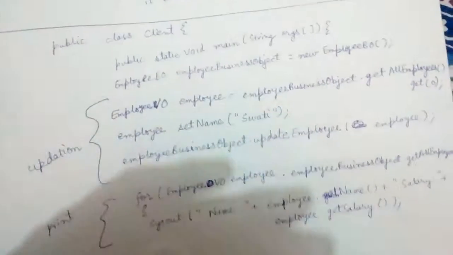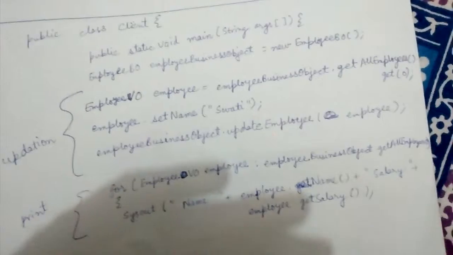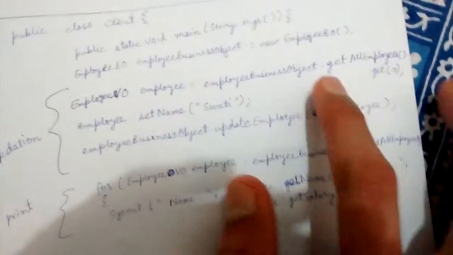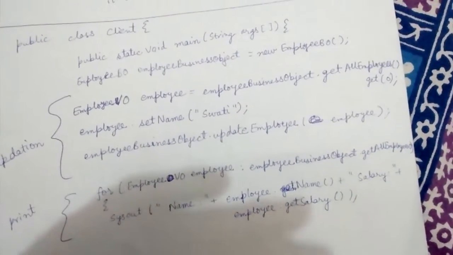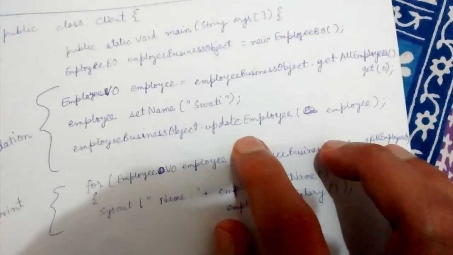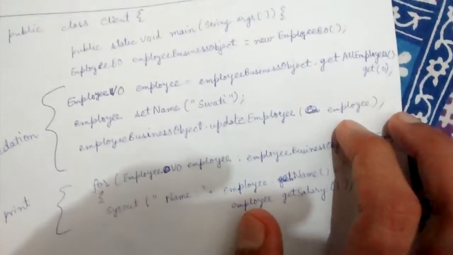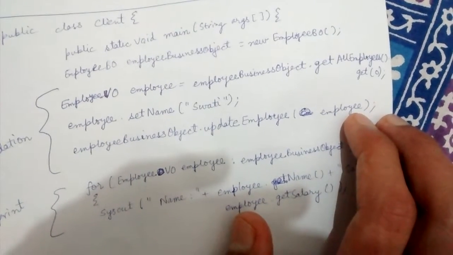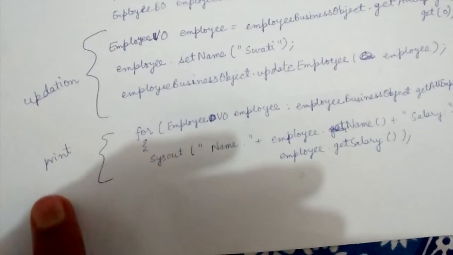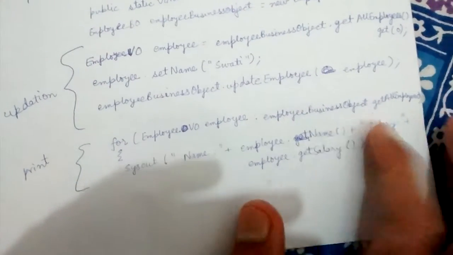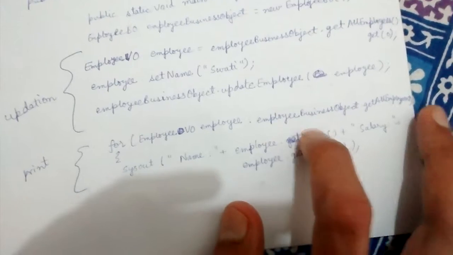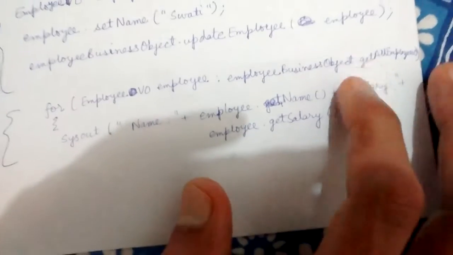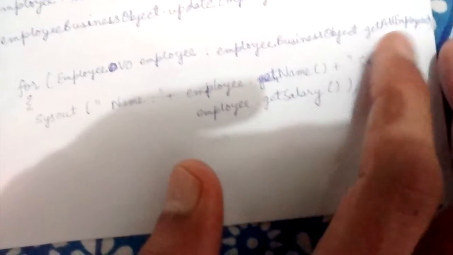So this employee VO is the basic POJO, which is used for the transfer of information. Whenever update employee is called for updation, it is passed an employee. And let's say in this print employees, we are trying to print all the employees on the client side, so we will call this get all employees method.